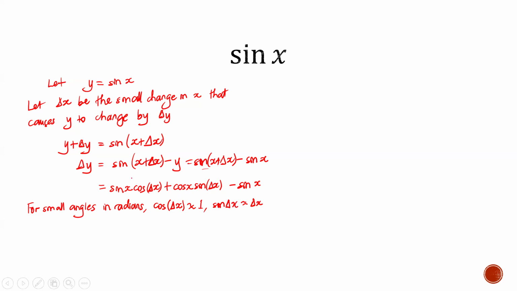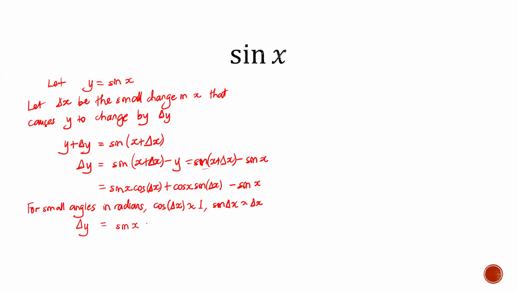And for that reason, differentiation is only valid for trigonometric functions for small angles in radians. So therefore, we can replace cos delta x with 1.